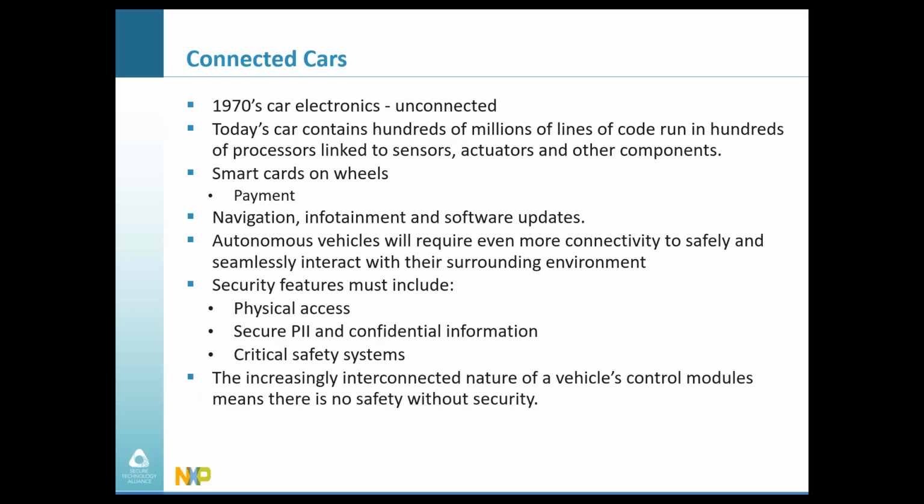Again, today you're familiar with the navigation, the infotainment, and the various software that you use to drive and enjoy the ride, whether it's with you and your family. But tomorrow, as we move to autonomous vehicles, will require even more connectivity to talk to each other, as well as the infrastructure, the roads, the traffic lights, all the different safety features as we move towards fully autonomous vehicles in the future.